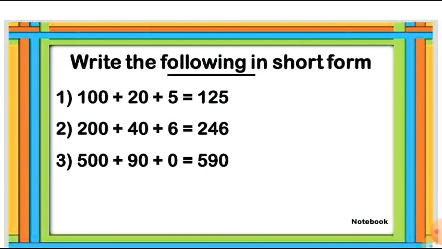Now the third one. 500 plus 90 plus 0, that is 5 in the hundreds place. So first you write 5 in the hundreds place, then 9 in the tens place plus 0. So you put 0 in the ones place. So we got the number 590. Okay children, this is the way to write the short form of expanded forms.